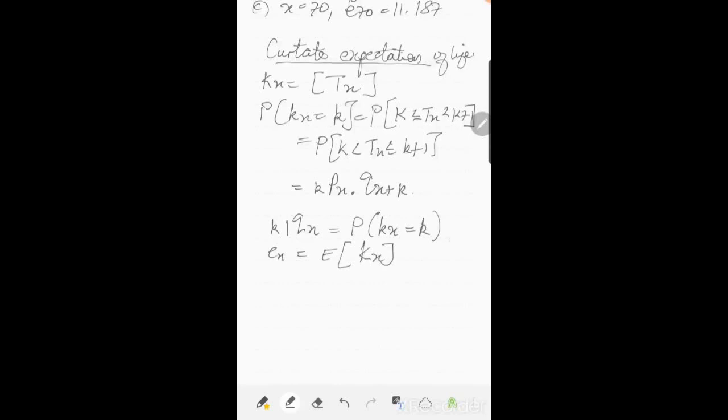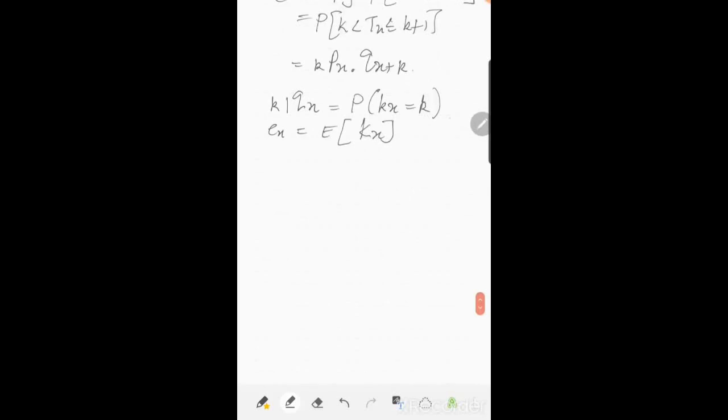So you need to know the difference between the curtate expectation and the complete expectation. How do you find the curtate expectation on the tables? From the tables, you can have another example.